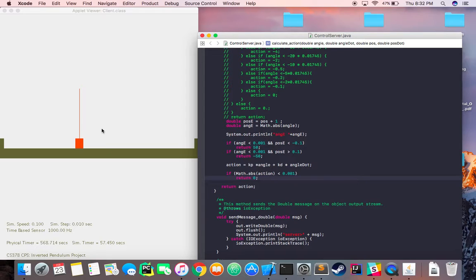So that's when I included these two lines right here. What I'm trying to accomplish is that the position error is between -0.1 and 0.1, giving us a 0.2 interval.